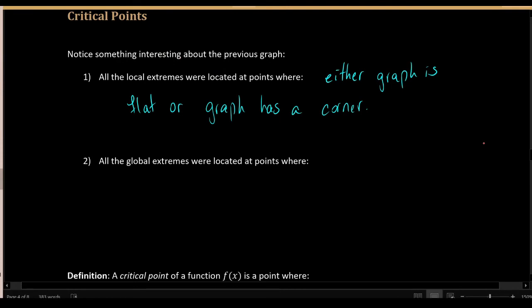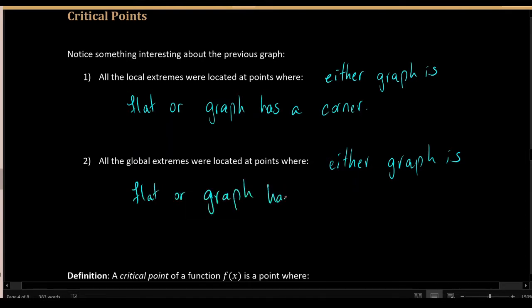A global extreme, a global max/min, can be located at a point where either the graph is flat or the graph has a corner, or at one of the ends of the graph. The endpoints can't be counted as local extremes, but an endpoint can be counted as a global min or a global max.